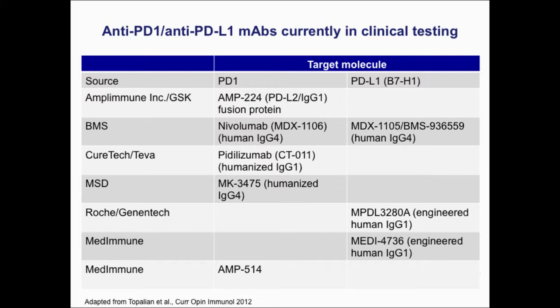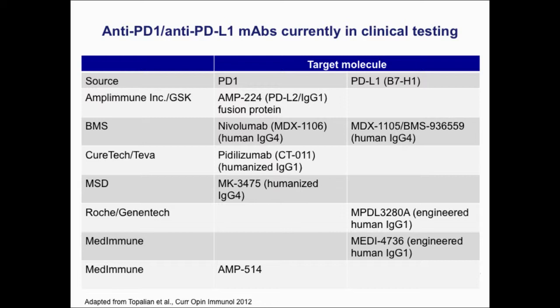This is in early clinical development. Nivolumab, we'll come back to that, is an IgG4 human antibody that is now in phase 3 trials. Here's another monoclonal antibody against PD-1, from CureTech, which is in early development, and MK3475 is also now in phase 3. And recently, MedImmune bought this antibody, and this is also in early clinical trials.